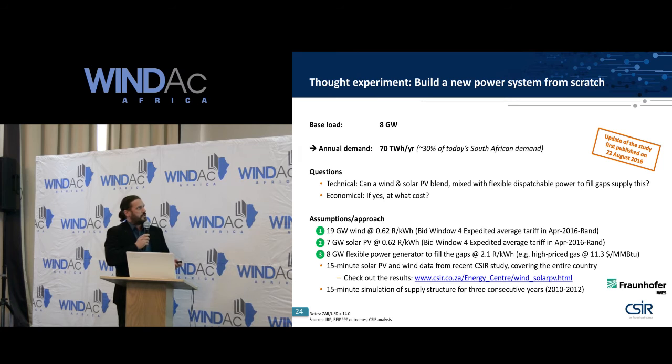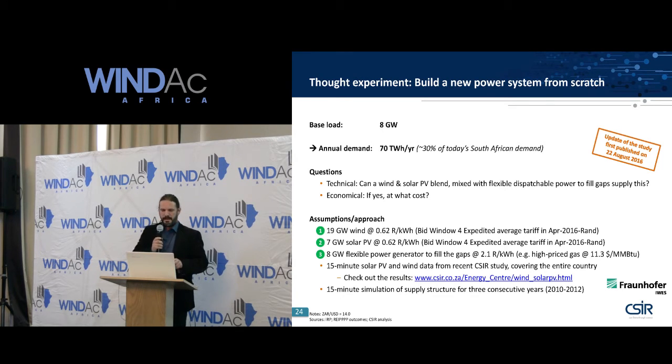The question was, how can wind and solar supply this base load? And we know that we will need some other flexibility options to really generate a constant base load. Economically, the question is, what will it cost doing so?